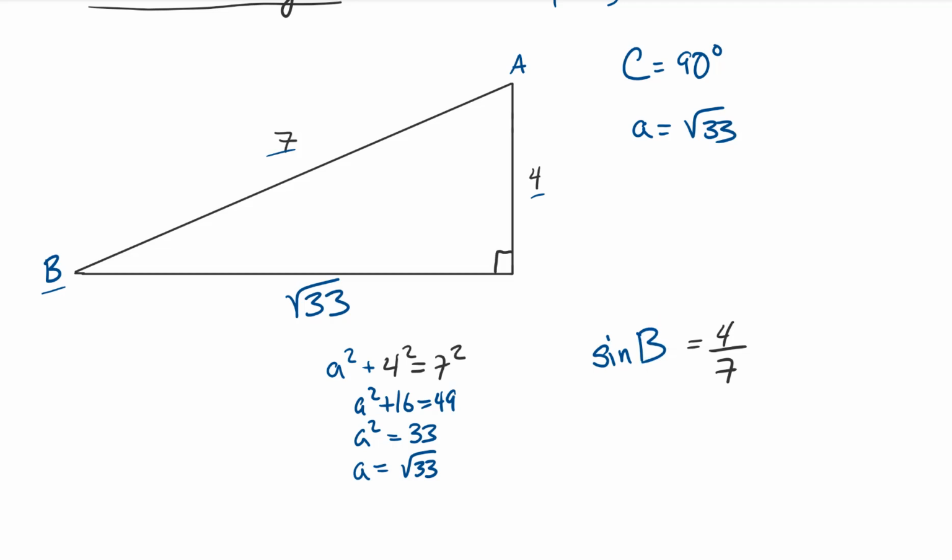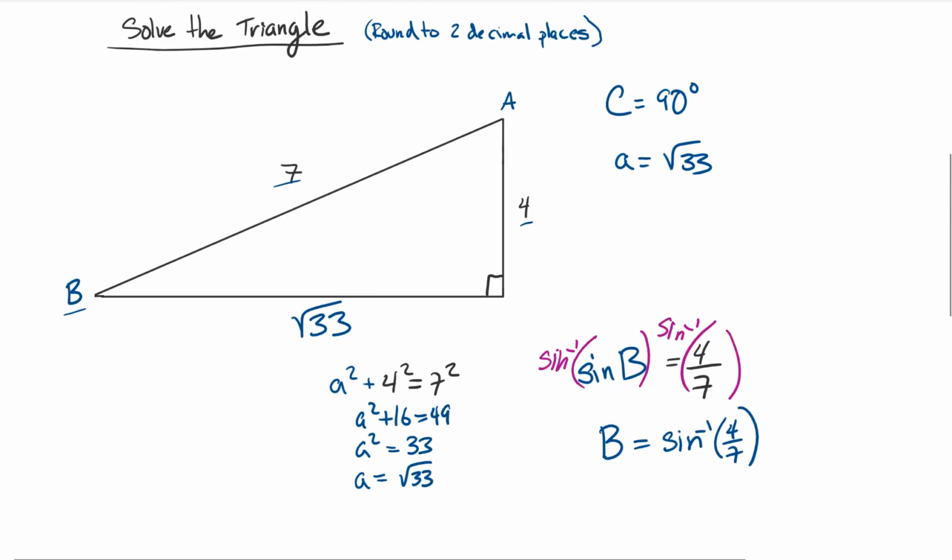You don't have to show me this step, but I'd like you to see it. If we hit both sides with the inverse, the inverse of the trig function takes you right back to where you started. So B is equal to sine inverse of 4 over 7. There's the exact answer.